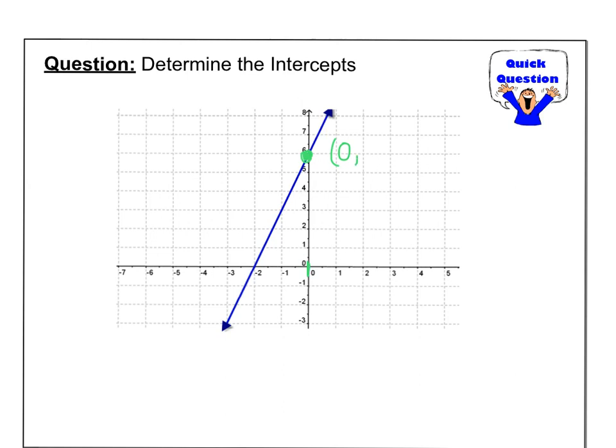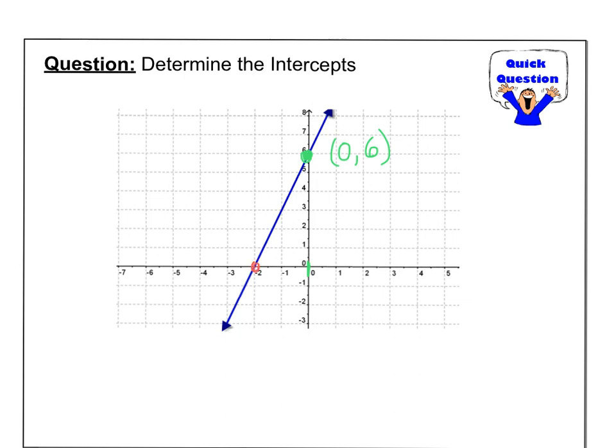And our y value is 6. It's kind of hidden under my dot. Our y-intercept will always have a value of 0 for its x value.